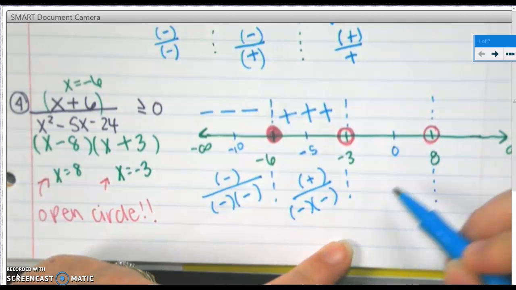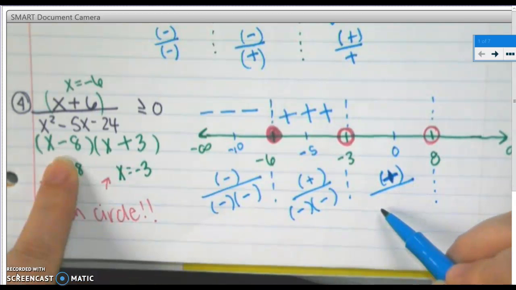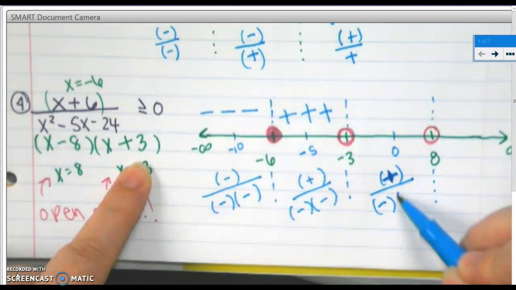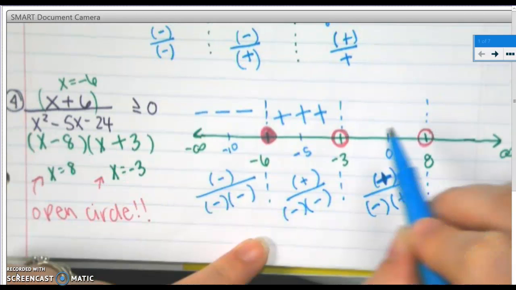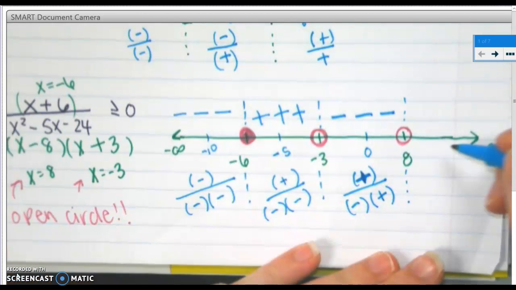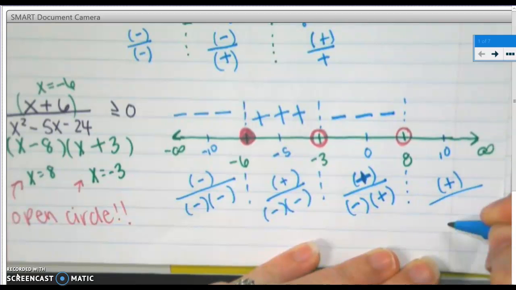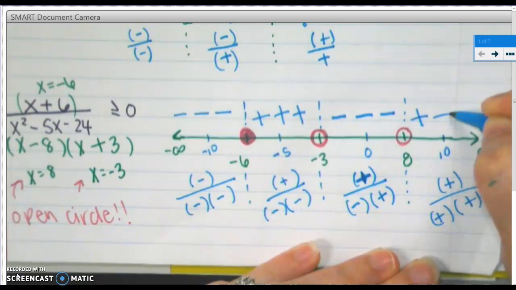I'm going to pick 0. So 0 plus 6 is positive. 0 minus 8, 0 plus 3. So that would come out to be negative. And just do 10. So 10 plus 6 is positive. 10 minus 8 is positive, 10 plus 3 is positive.